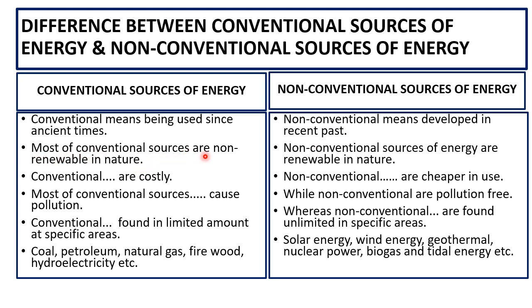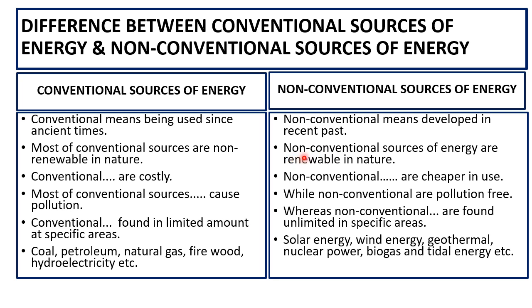Most of the conventional sources of energy are non-renewable in nature, means exhaustible. If we use them excessively without taking care, they will be used up very quickly, as it takes a very long period of time in their formation.